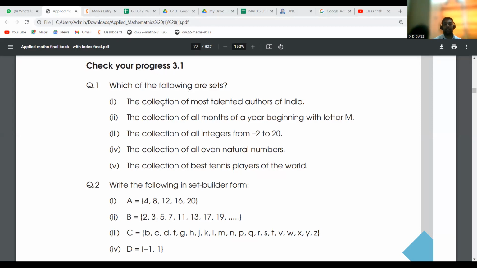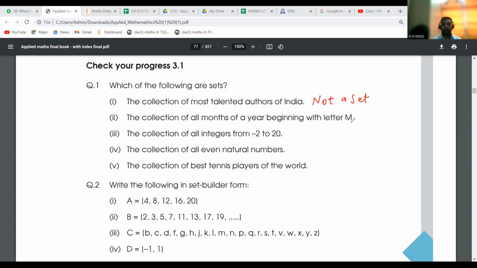The first is the collection of most talented authors of India. As I told you, it is not fixed, for every person the most talented authors can be different, because we all have different choices. So it will not be a set. So we will write here not a set.